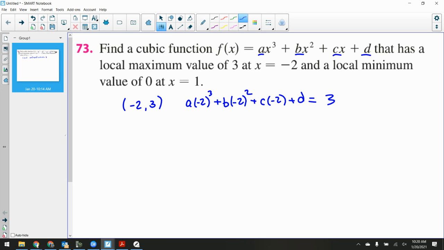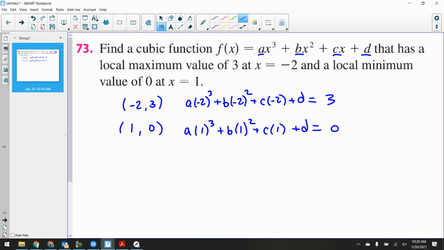We did this in algebra 2, but we did it with a quadratic. This is a cubic. And then we also know that a point exists at a local minimum value of 0 at 1. So 1, 0. So I know that it's a times 1 to the third plus b times 1 squared plus c times 1 plus d is equal to 0.